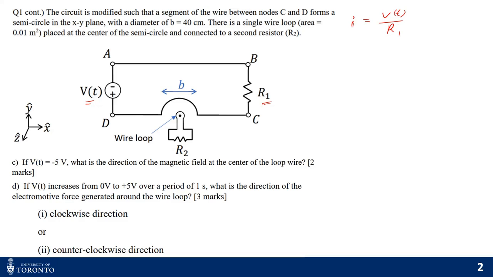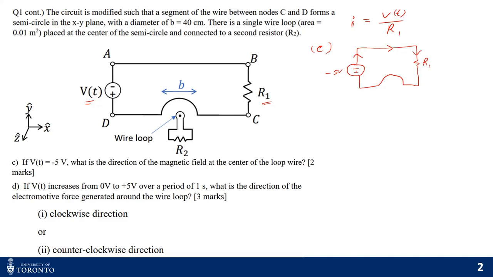Now in part C, you are asked to find out what happens if a minus 5 volt is applied, right? So you have applied a minus 5 volt, so that means the current will be coming upwards, and going like this through the resistance R1, right?